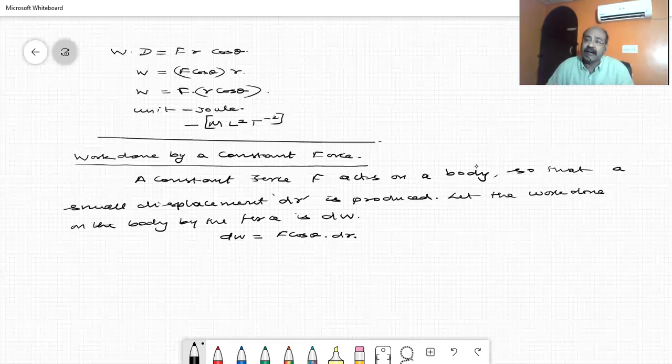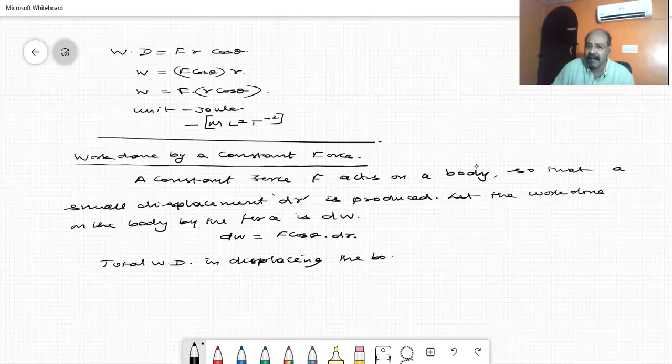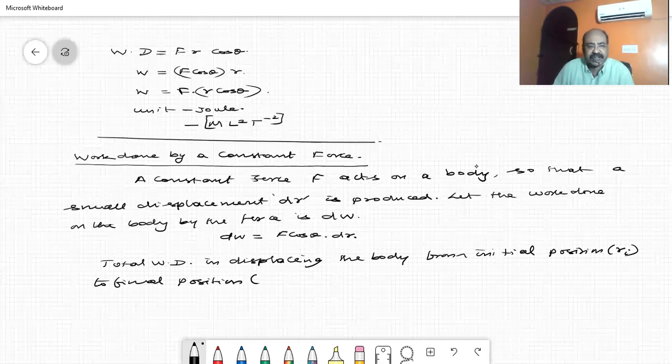If you want to calculate the total displacement by the constant force acting on the body from one initial position to the final position, in order to calculate the total work done, let us calculate the total work done in displacing the body from the initial position, let us take this initial position as Ri, to the final position, let us consider that final position as Rf.